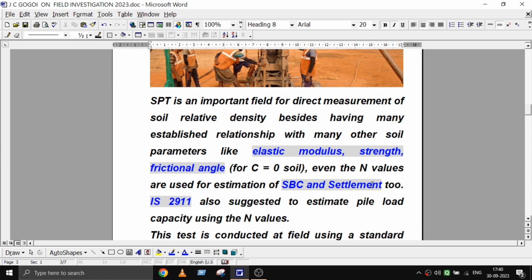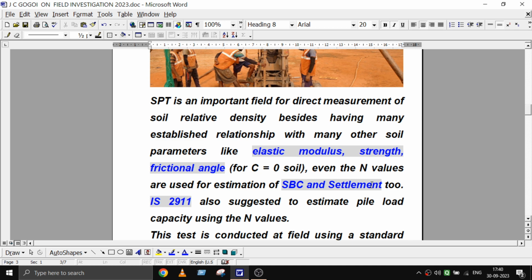Settlement is not arithmetically proportional to SBC. I had already presented some discussion on whether SBC is proportional to settlement. I have shown, applying proper theoretical estimates, that it is not directly proportional.